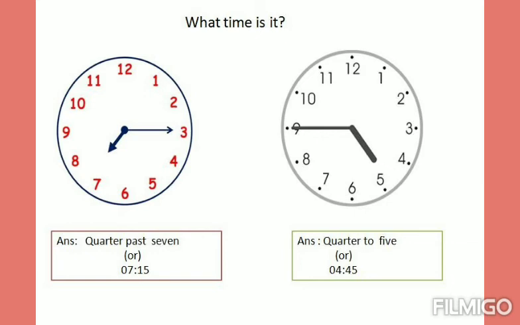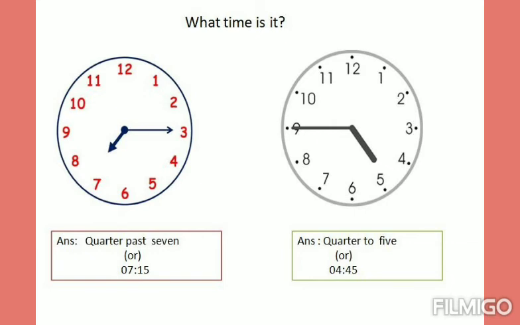So when we are writing in numerals, if the minute hand is at 9, it has covered 45 minutes. So now the hour hand is at 5, so we have to reduce 1 from 5, then we will write 4:45.